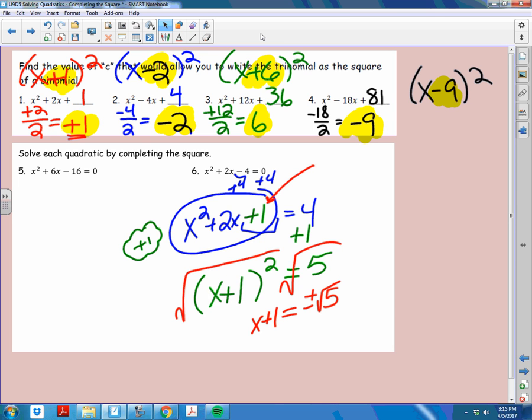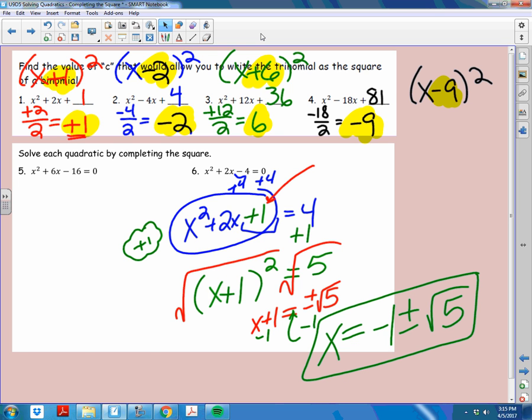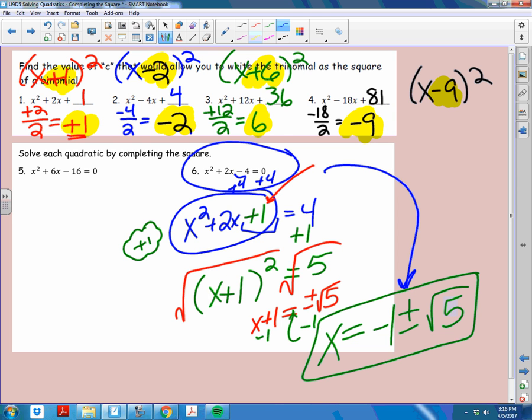Now, how do I get the x by itself? I subtract 1 from both sides. Now remember yesterday I told you I wanted this written a certain way. So it's -1 plus or minus the square root of 5. And that is your solution. Those are your solutions. By the way, just to be clear, this quadratic crosses the x-axis in these two places.